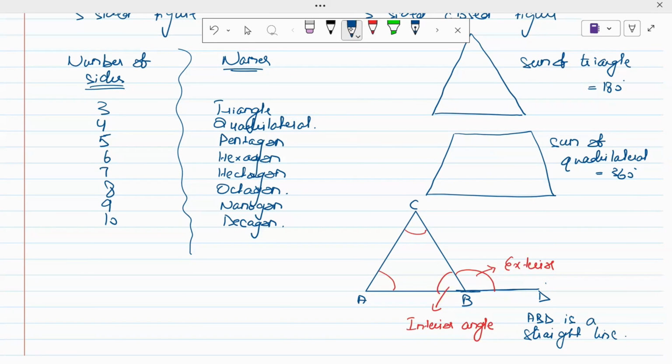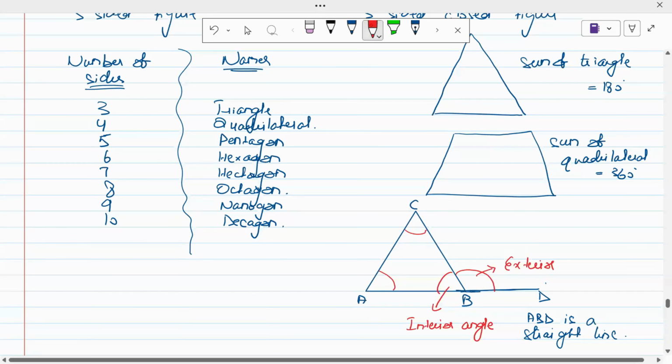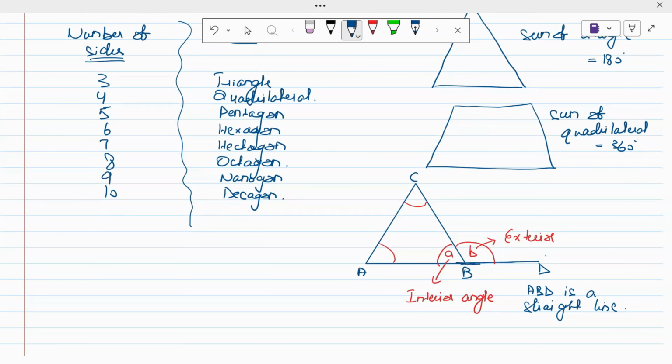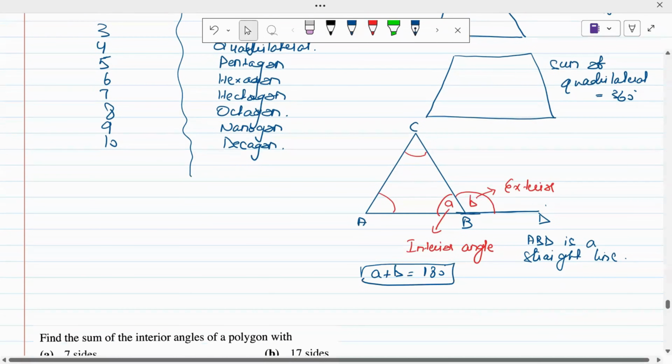That means the interior and the exterior angle are supplementary to each other, meaning they add up to 180 degrees. If this interior angle is A, for example, and the exterior is B, then A and B sum up to 180 degrees. That's an important property about polygons. Another way of writing it is that the sum of interior and exterior is 180.